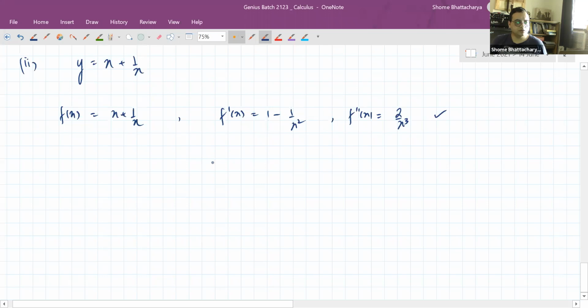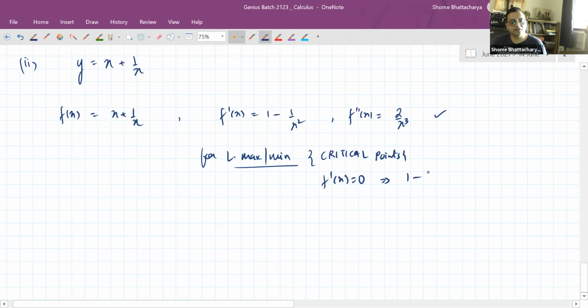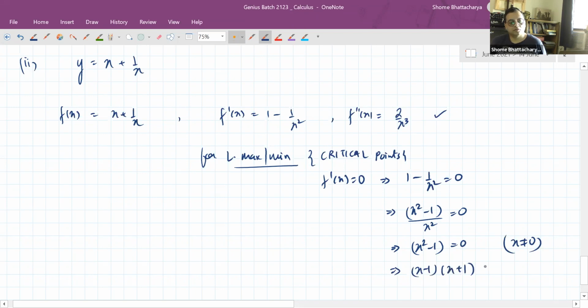Okay, now for local maxima and minima, or basically for critical points, the derivative should be 0. That means we are finding the roots of this equation. So x equal to plus minus 1.